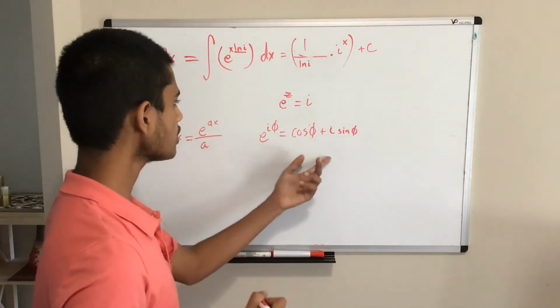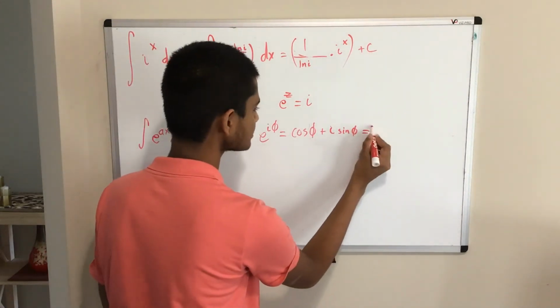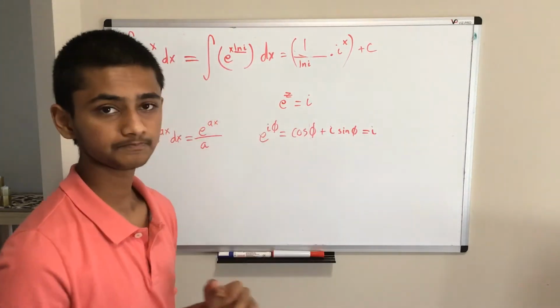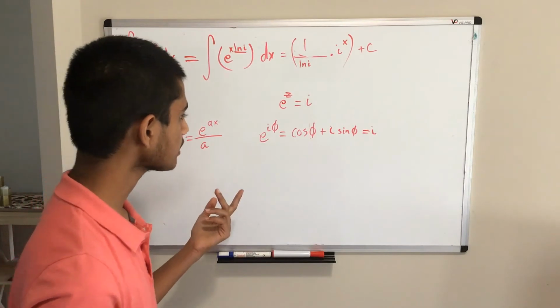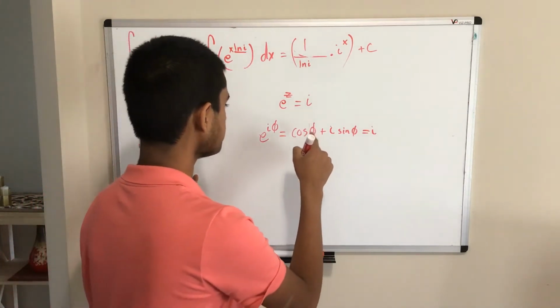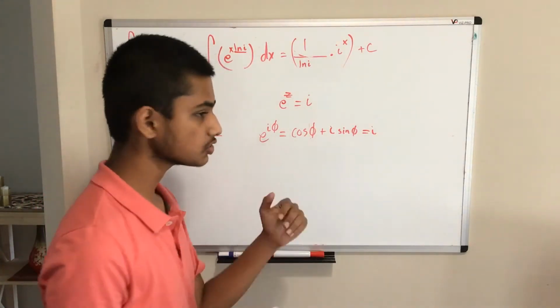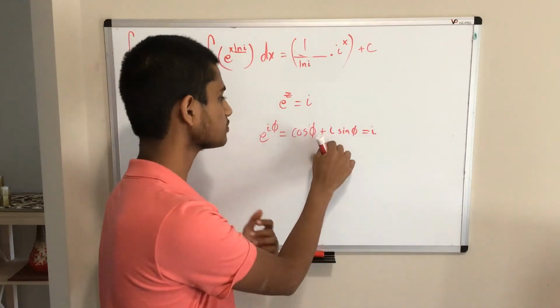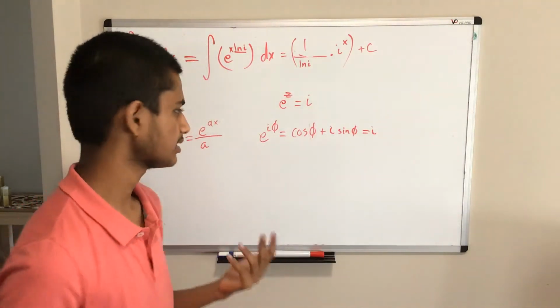And basically what we're going to do is just find some phi such that this is equal to i. And the way we can do that is by trying to make cosine of phi 0 and sine of phi 1, because then we'll just have an i remaining.